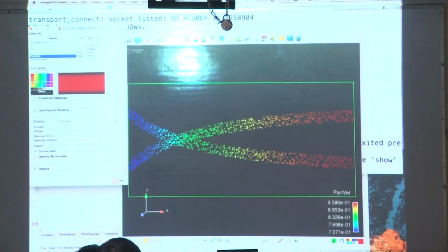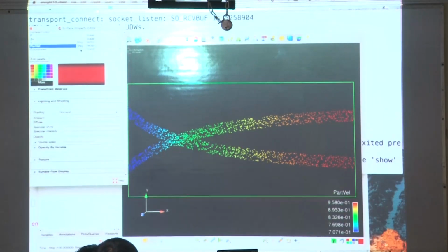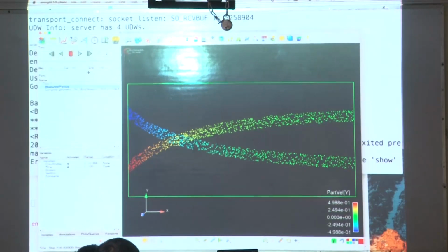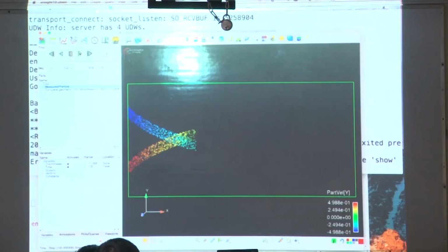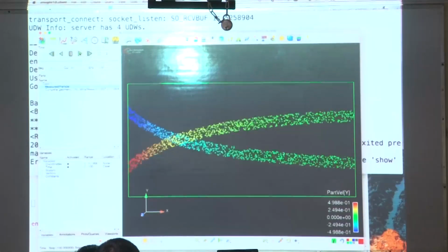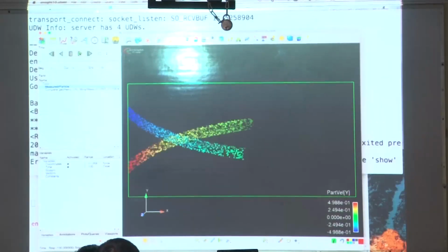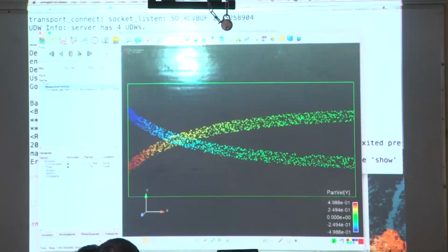I can color them by, say, the y velocity. I can make them large enough to be visible. But there you go. No surprise here.